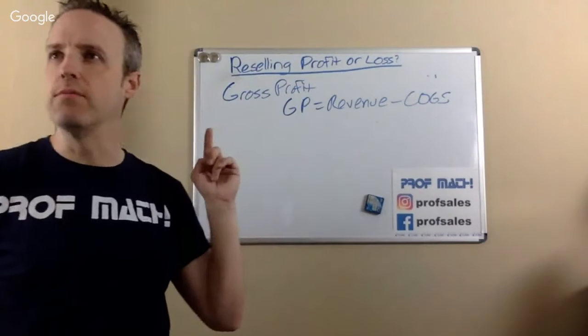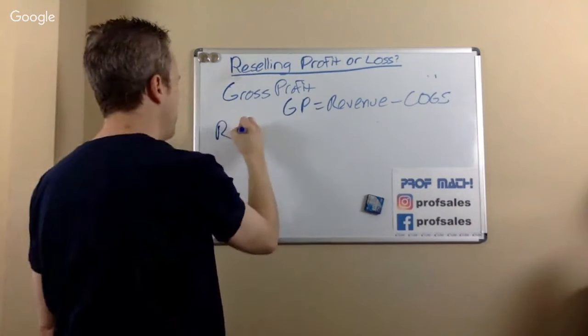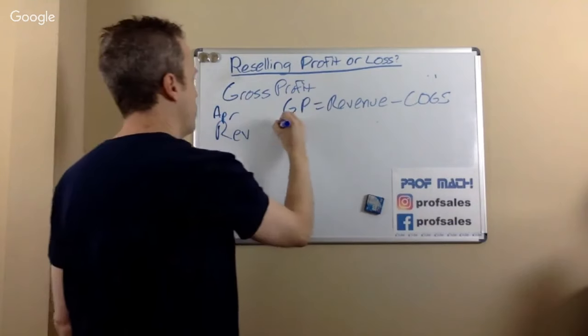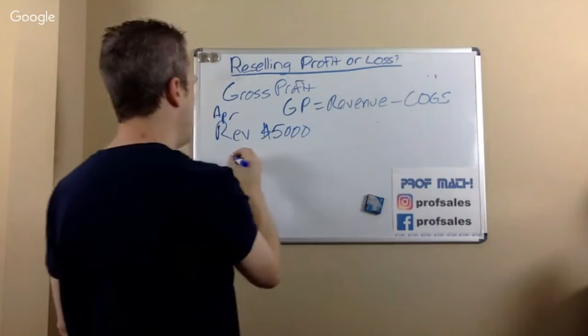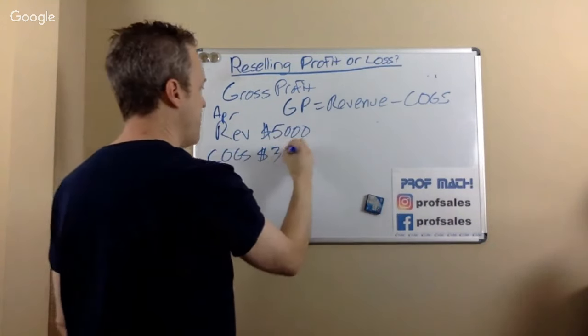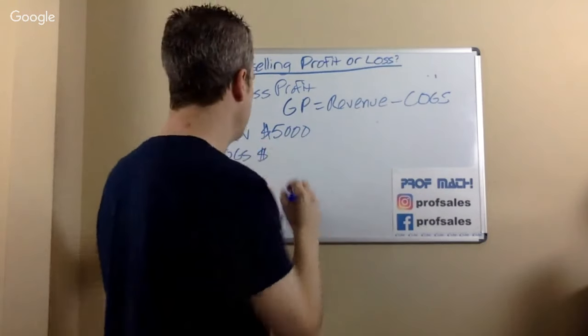So let me give you an example. Let's say that your revenue for April, we'll just say, was $5,000. Your cost of goods was $3,000. Excuse me, that's not the right number. Let's make that 2,000.